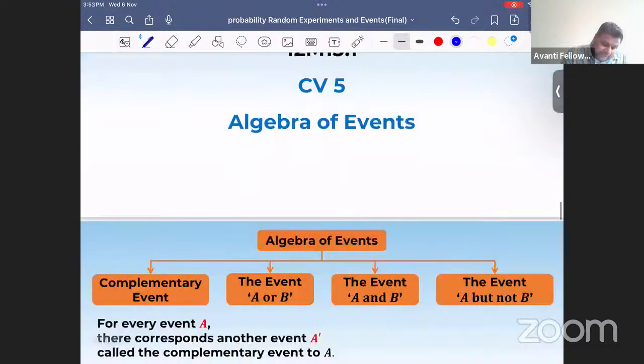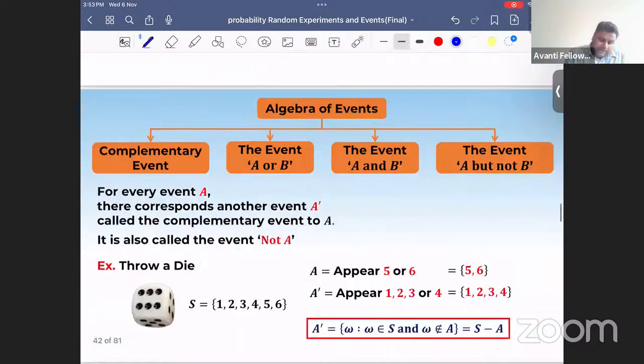Now, algebra of events. This is also something theoretical. First of all, complementary event. Complementary event means not A. Like if you throw a dice, you say an event A is occurrence of 5 or 6. Then A complement means non-occurrence of 5 or 6.